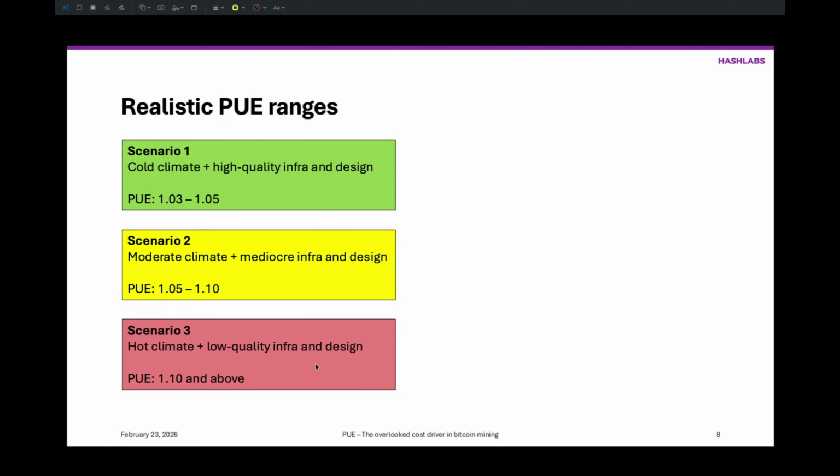And in scenario 3, 1.1 and above. There are many mining sites with 1.1 and above, and that can be fine in hot climates. I'm not saying they are bad sites, but the point is that they will consume a lot of extra electricity on cooling and power losses, etc.